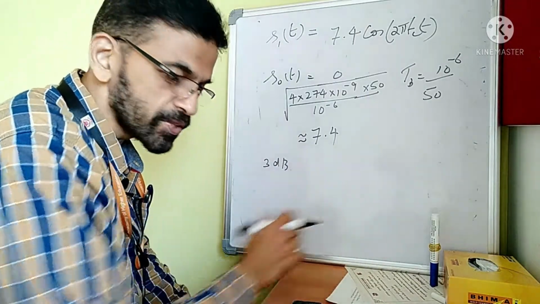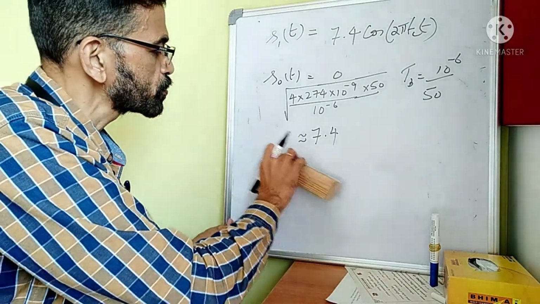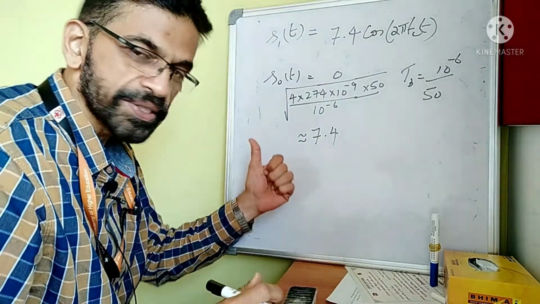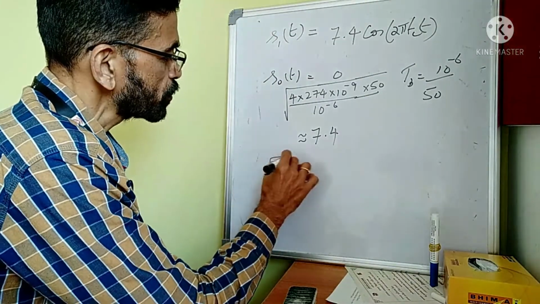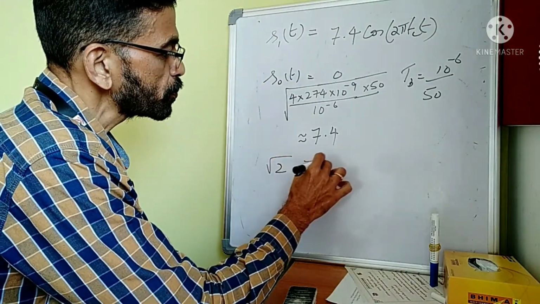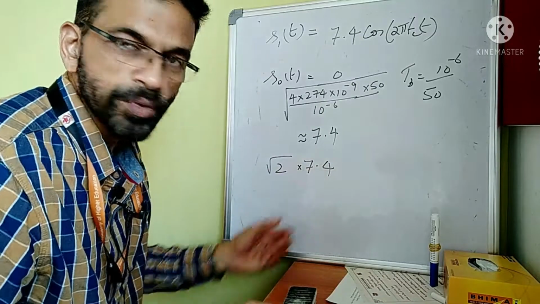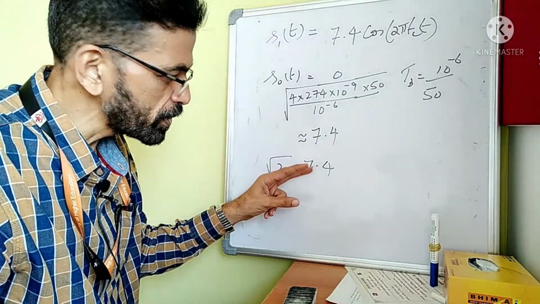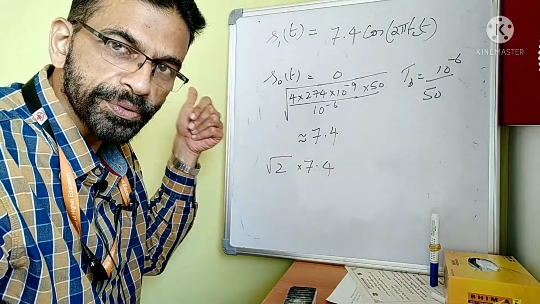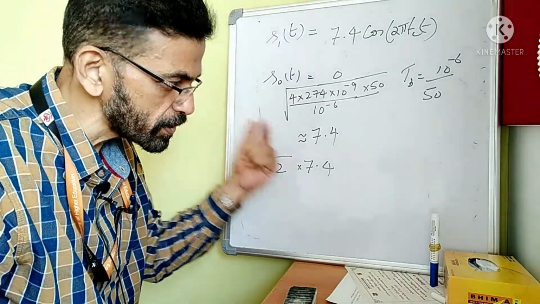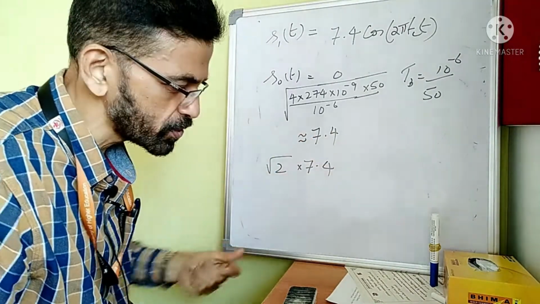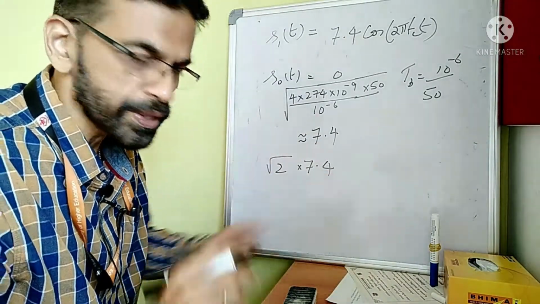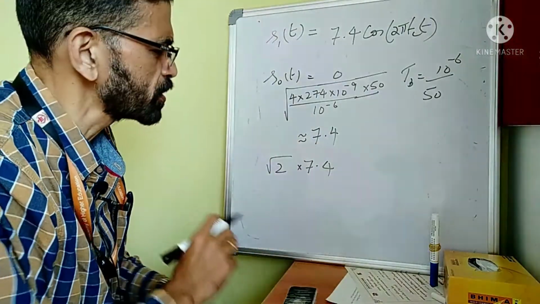To compensate this, you should have the transmitted signal amplitude as root 2 into 7.4, because you are multiplying the amplitude now, so that the power will be 3 dB more when you transmit, so that it can compensate for the 3 dB loss which the signal is going to encounter as it propagates from the transmitter to the receiver.